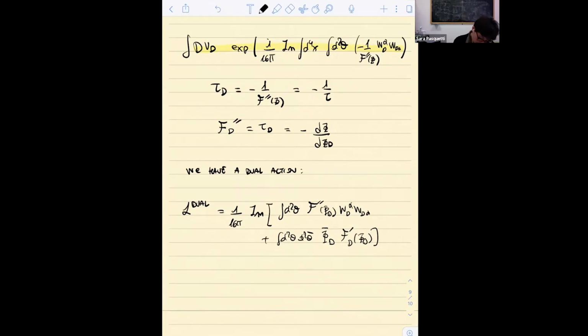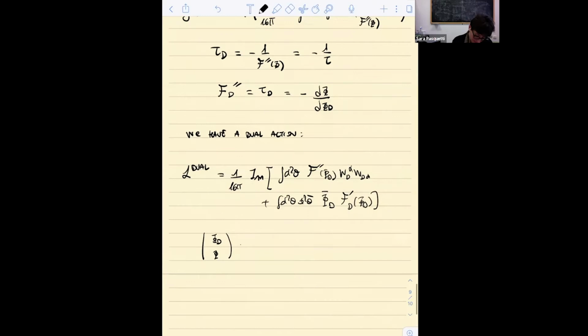So this action is basically what we are doing: we are taking the fields phi and phi dual and sending them to a new set of fields.